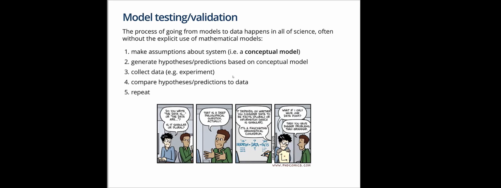Often, you have a conceptual model, you have assumptions about a system, and based on that, you come up with some hypotheses, or make predictions about what you would expect to see. And then you collect data, you're doing experiments, and then you compare what your model, your potentially conceptual model, produced and what the actual data showed you. You can compare your hypotheses and predictions.